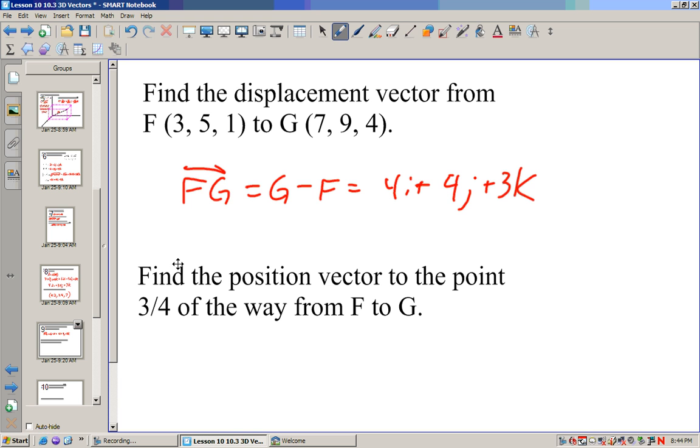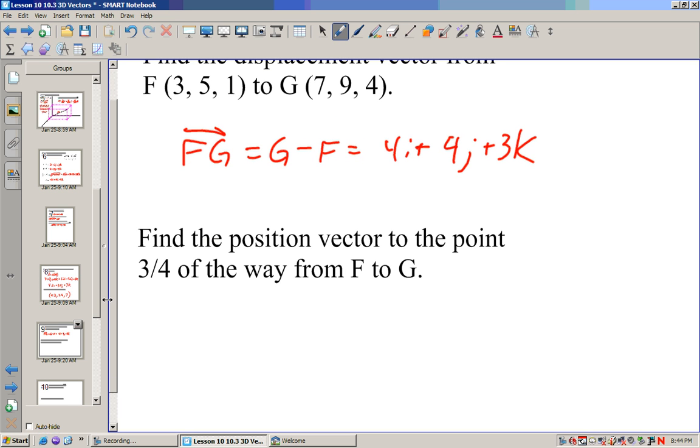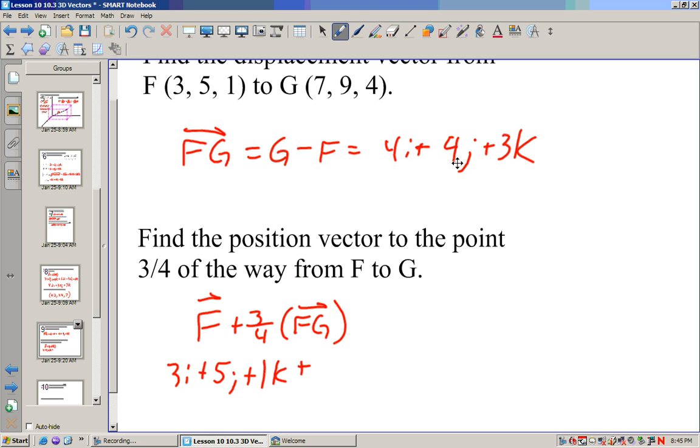If we want to find the position vector that's 3/4 of the way from F to G, first we go to F, then we go 3/4 of the way from F to G. So F is 3i plus 5j plus 1k. 3/4 of the way to FG would be 3/4 of 4 is 3, so 3i. 3/4 of 4 again is 3. 3/4 of 3 is 9/4.